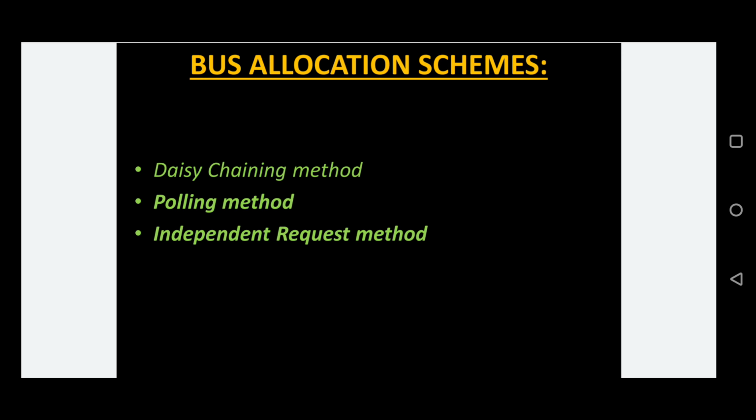By using these schemes, we allocate the buses for the processors and for the external or internal IO devices in this system. The three schemes are: first, the daisy chaining method; next, the polling method; and third, the independent request method.